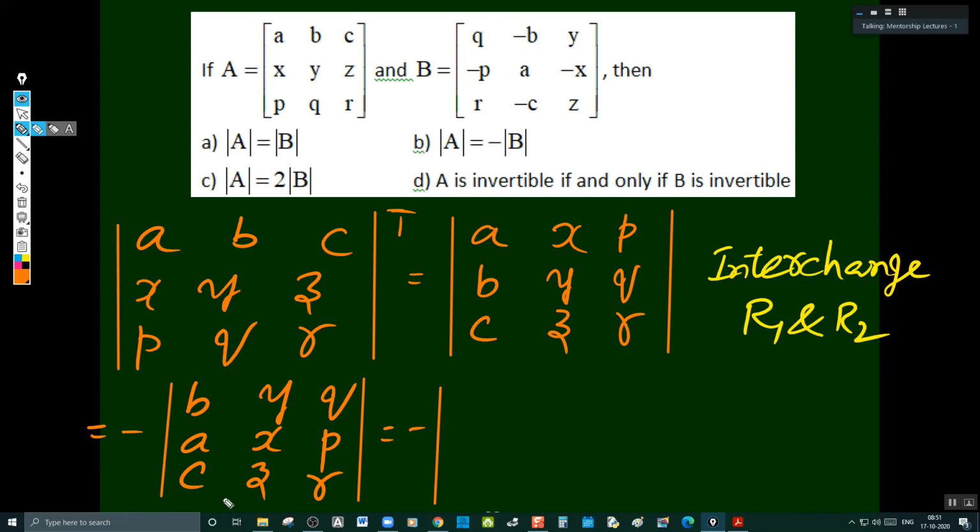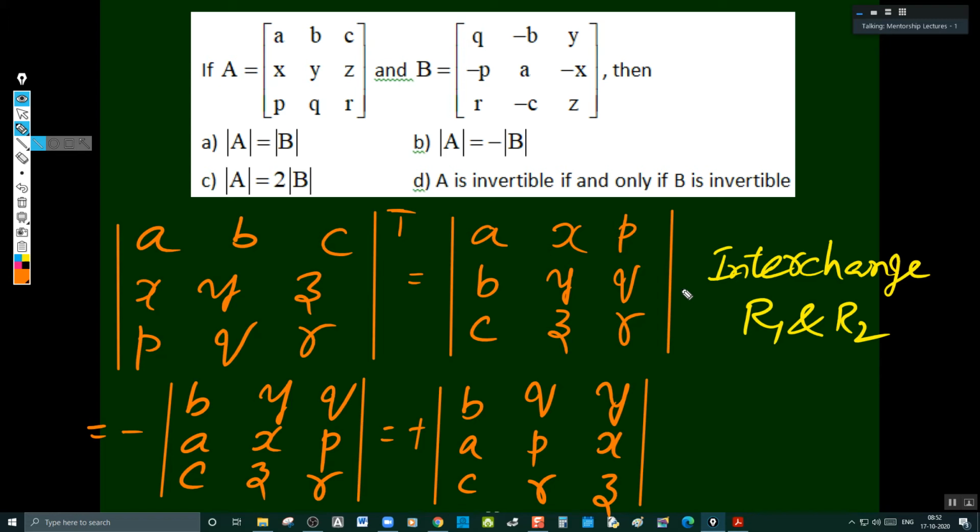Interchange these two. Which one? Let us interchange C2 and C3. Come on, tell me that. BAC, QPR and YXZ. When you interchange these two, one more minus comes. That minus becomes plus here. Anyone, do you help me? What is to be done next? Anyone, please?